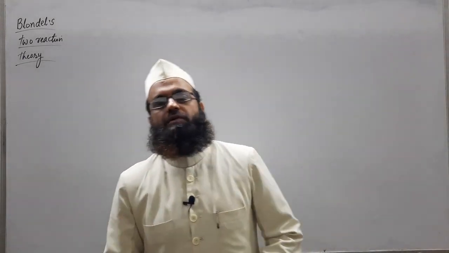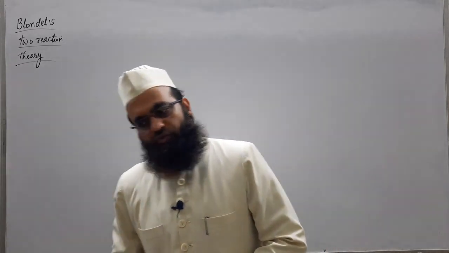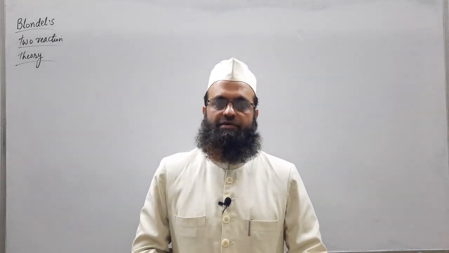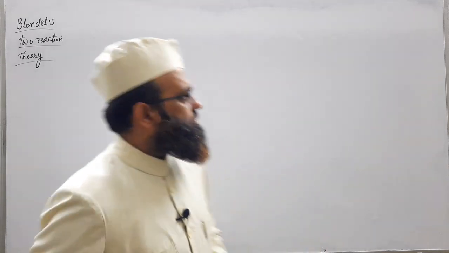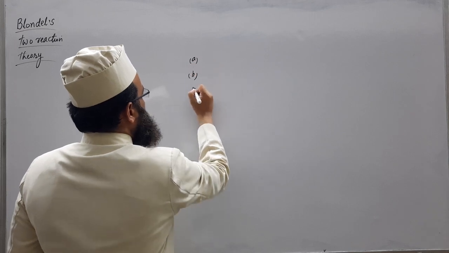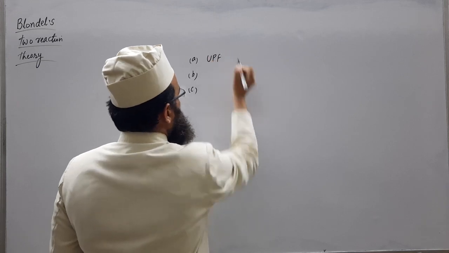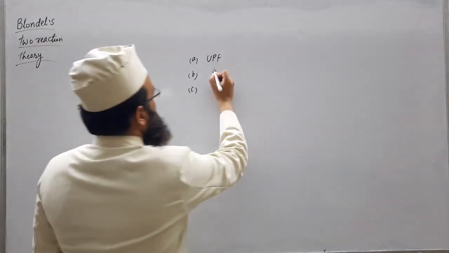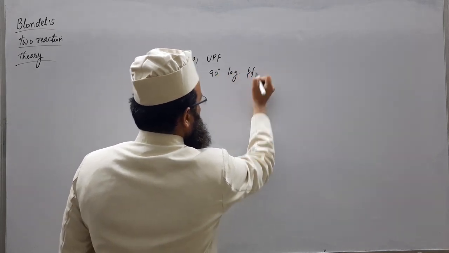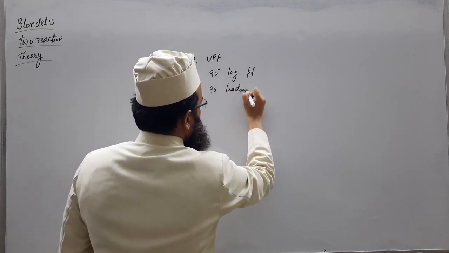Dear students, in this lecture we are going to discuss two reaction theory. So far, in the previous lecture we discussed the effect of armature flux on main field flux, that is armature reaction, for three extreme cases: unity power factor, 90° lagging power factor, and 90° leading power factor.